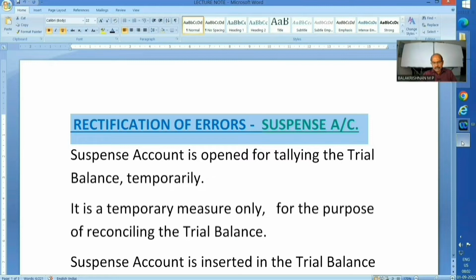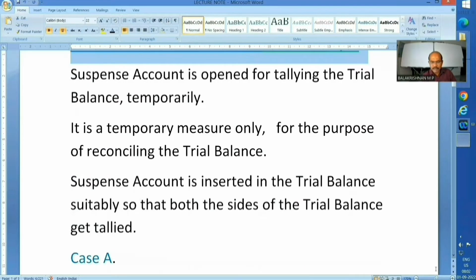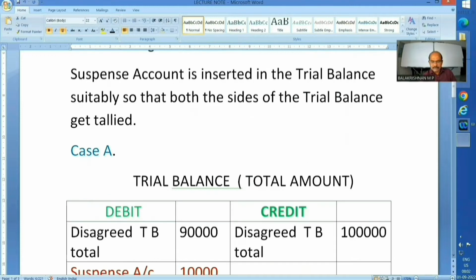So, suspense account is opened for tallying the trial balance temporarily. It's a temporary measure only for the purpose of reconciling the trial balance. Suspense account is inserted in the trial balance suitably so that both sides get tallied.